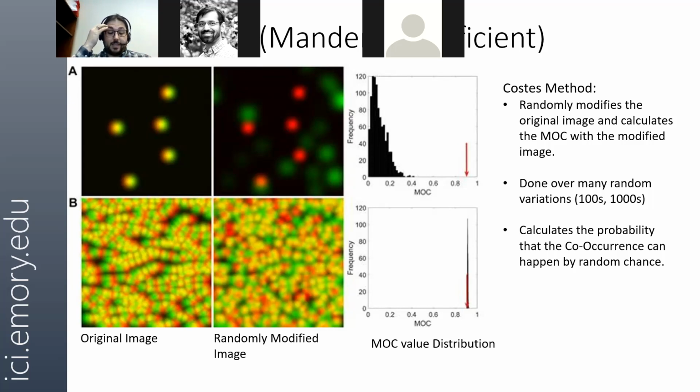And the idea is, if this is a co-occurrence that can occur randomly just as a function of noise, then every time we modify this image and run the Manders coefficient calculations on it, we could get something that is similar to what we did with the two initial images.